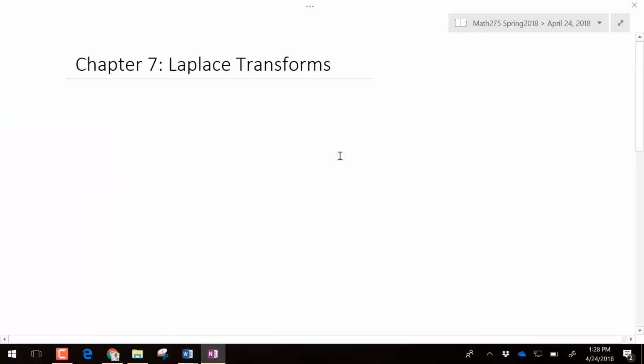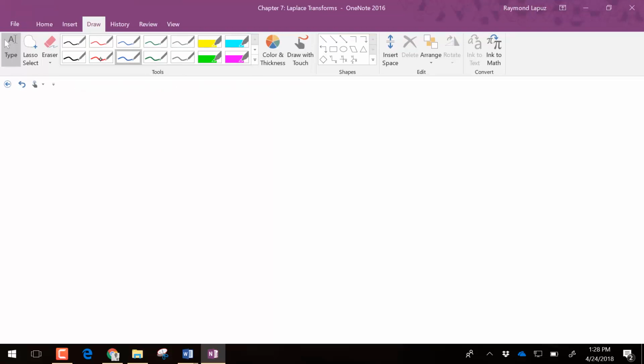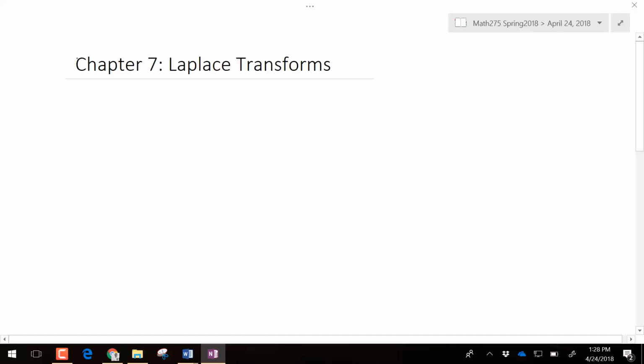So the idea behind Laplace Transforms is kind of a way of skirting the solution to a differential equation by going to, I like to think about it as going to another world. So you're here in the real world.